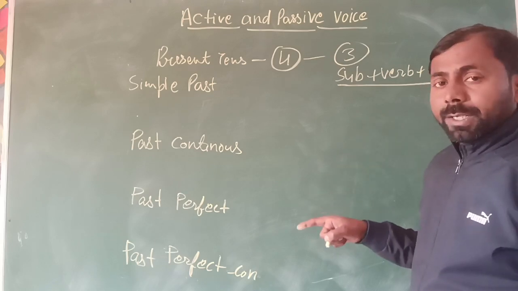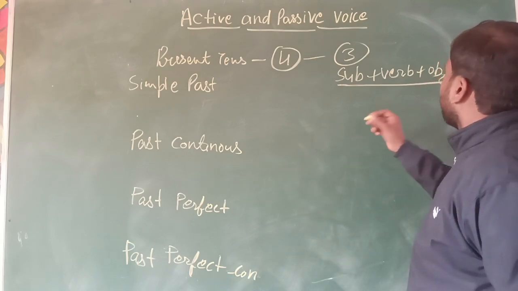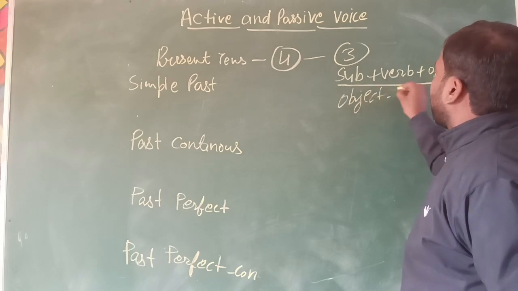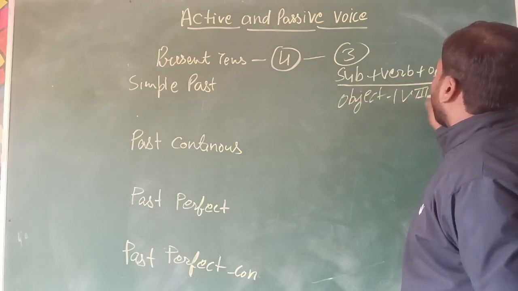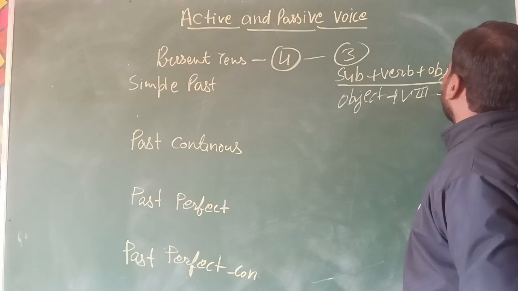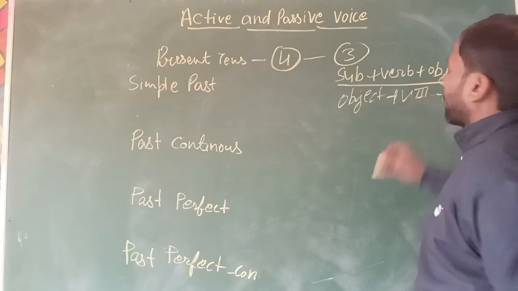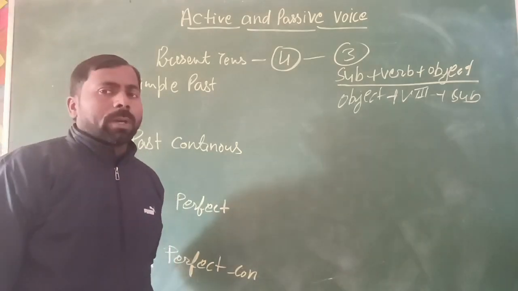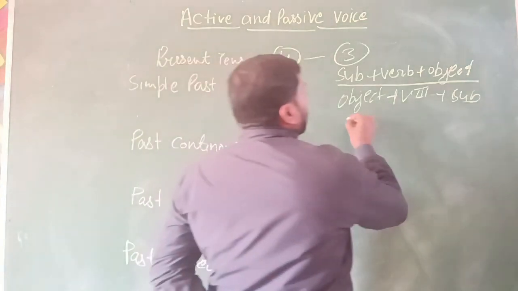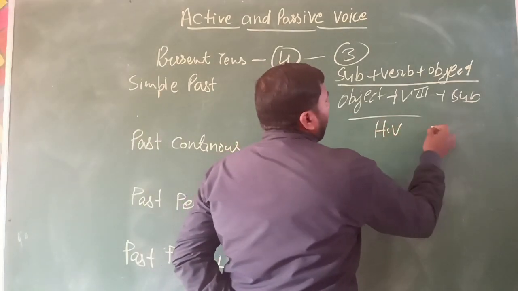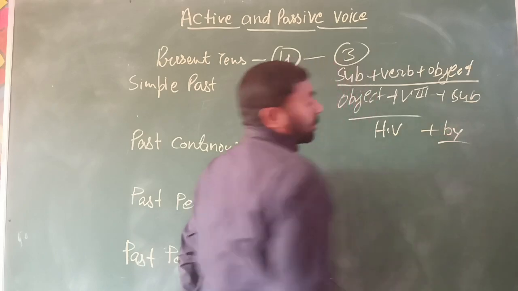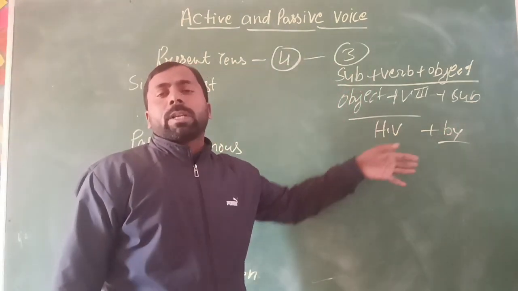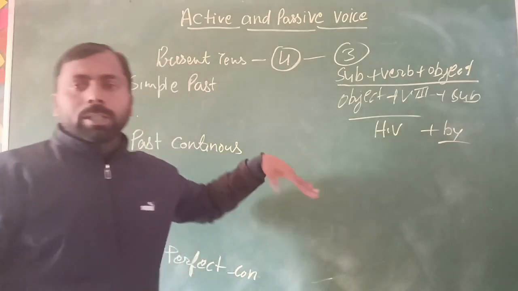When we convert it into the passive voice, it will be object plus verb third form plus subject. Okay, it is the simple rule to change active voice to passive voice, and we add some helping verb and by agent into the passive voice. Okay, it is a revision.